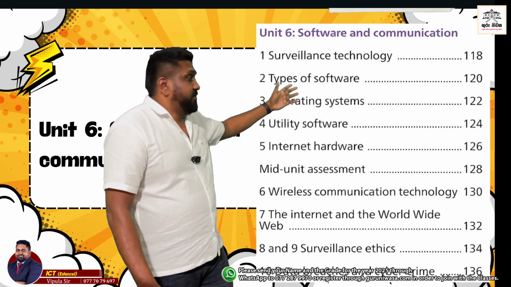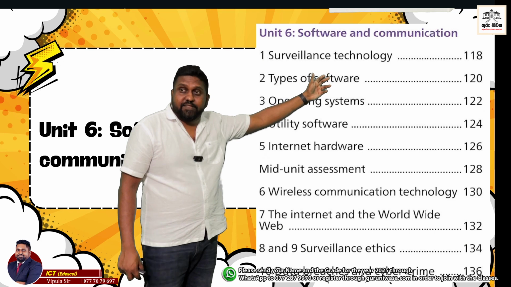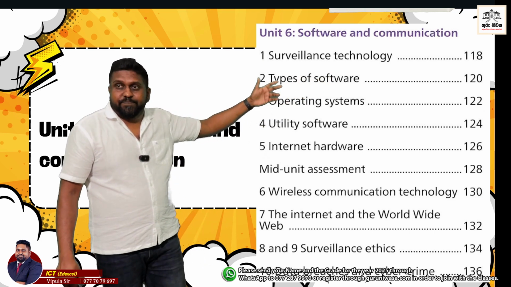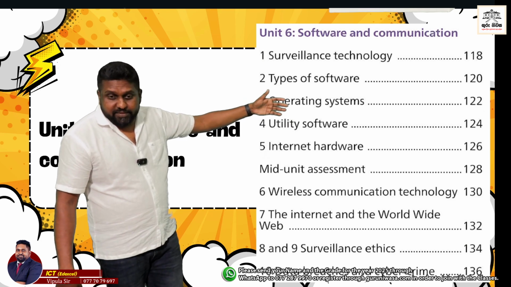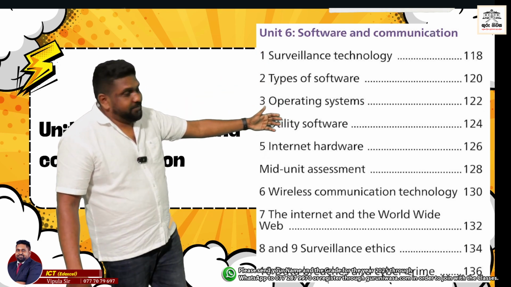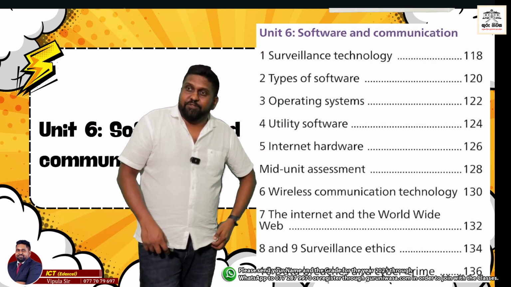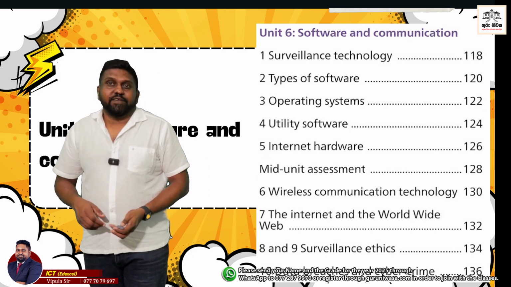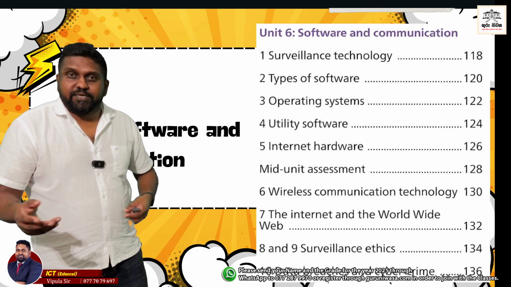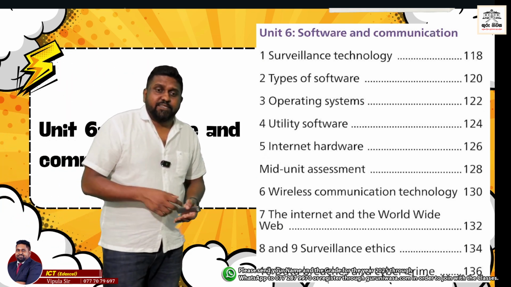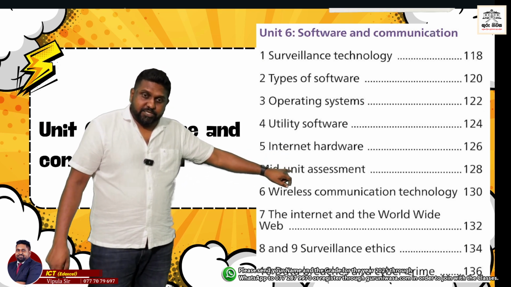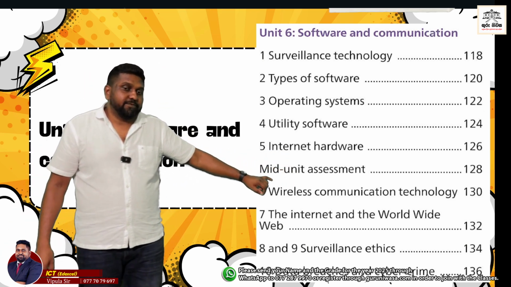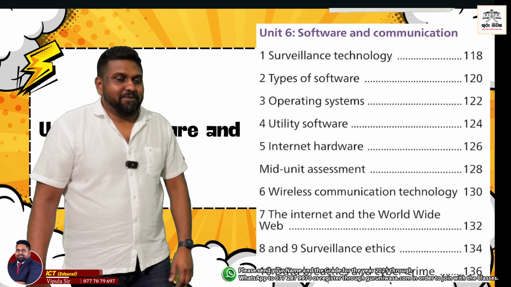So here we talk about surveillance technologies, we talk about types of software and operating systems, utility software, as well as different types of hardware, internet hardware. So why do we need these types of internet hardware, in the sense of routers, switches, and whatever is required to run this. And we talk about wireless communication technologies, as well as the internet and the World Wide Web.